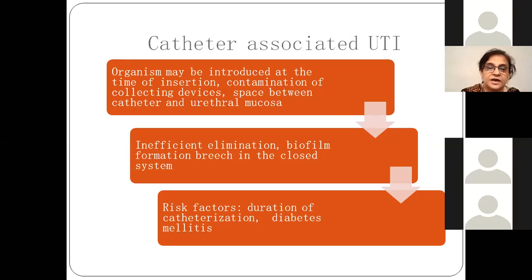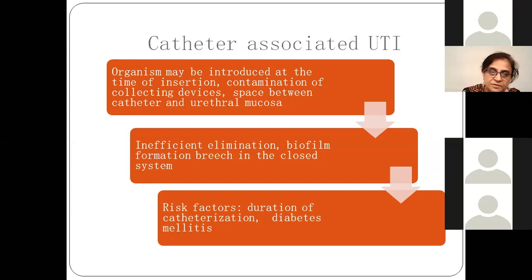But then once the catheter is in place and it's a long-term catheter, biofilm forms on the surface of the catheter. Biofilms are actually colonies of bacteria, and these bacteria can cause infection.